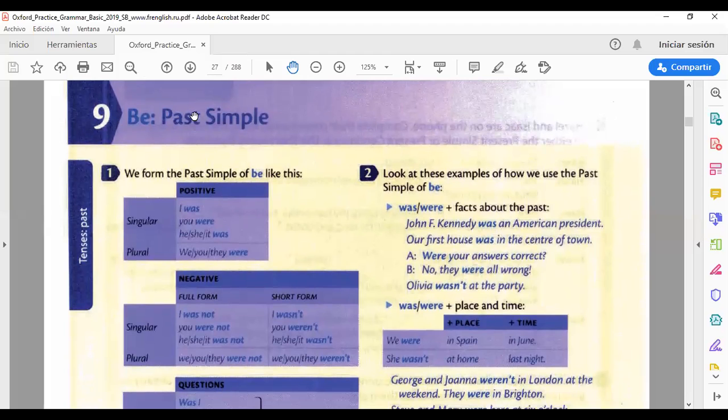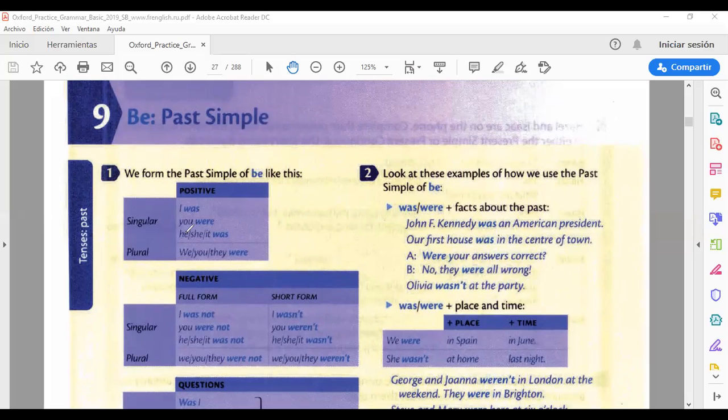It says be past simple. Okay, I know you know this information. I just want to make sure that you got all the information perfect. Okay, now I'm going to use my pencil, and it says number 1, we form the past simple of be like this. Okay, was, were, was, were.